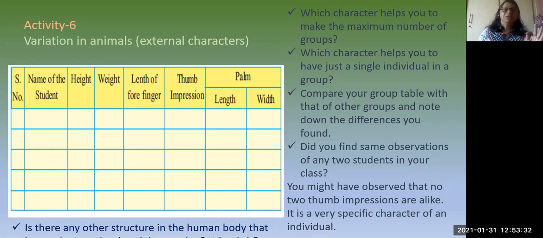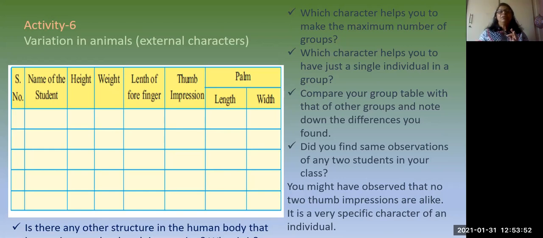That is very important. Even your brother, your mother, your father, your grandfather, whoever is closely related to you, still the thumb impression is different. It will make many groups. So it is a very specific character of an individual.